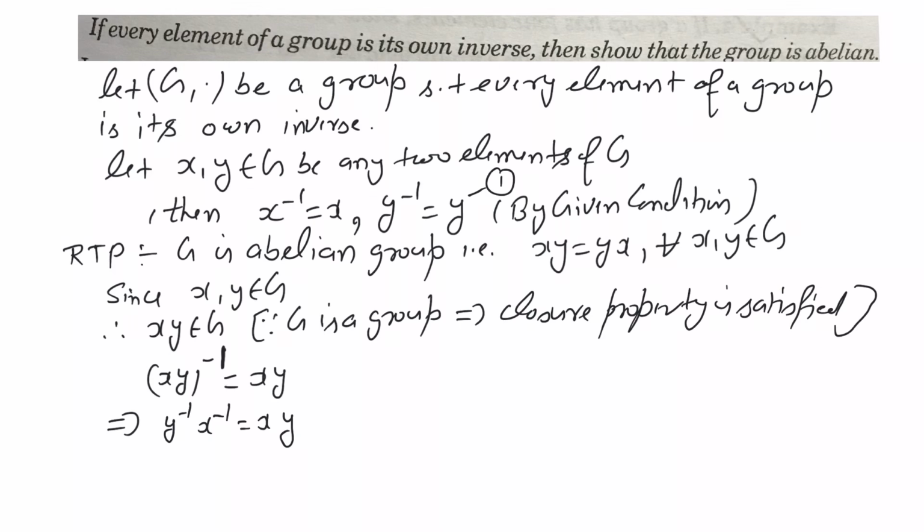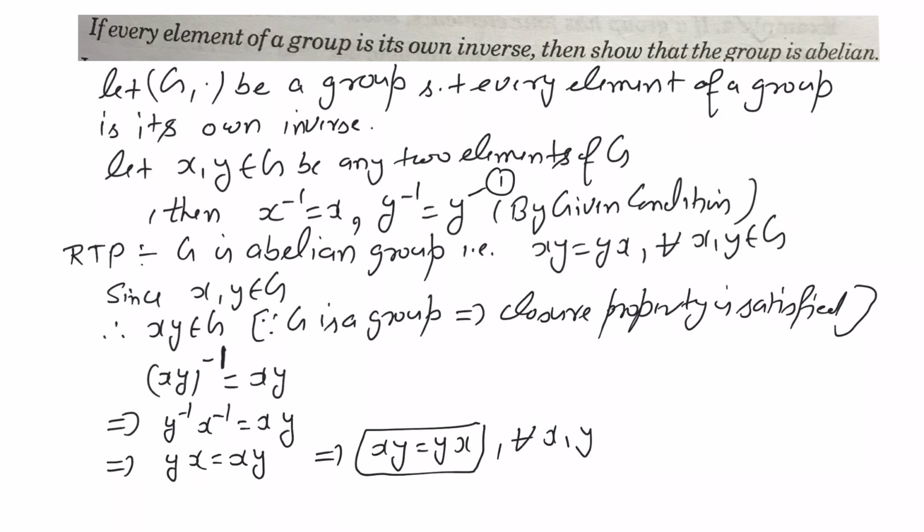By using the given condition, y inverse is y, x inverse is x, so this implies that xy is equal to yx. So we have proved this, and it is holding for all x, y belonging to G. This implies that G is abelian. So that was required to prove.